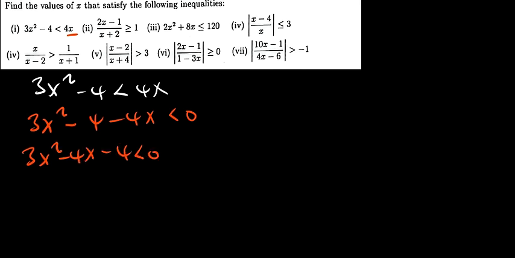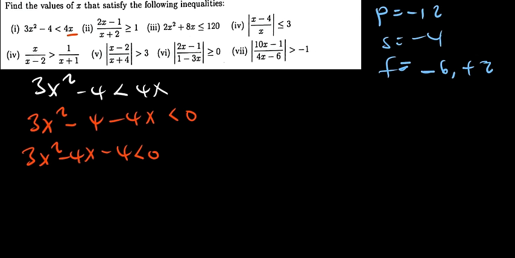Reaching this point, we can clearly see that we have a product of negative 12, because it's 3 times negative 4. The sum is negative 4. What are the factors? So two numbers, I think it should be negative 6 and positive 2. Because if I multiply these two, they'll give me negative 12, and added they give negative 4.